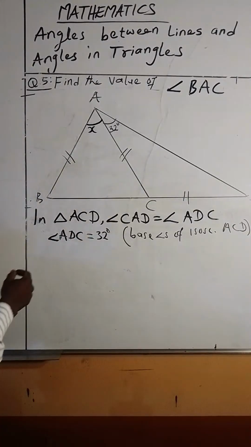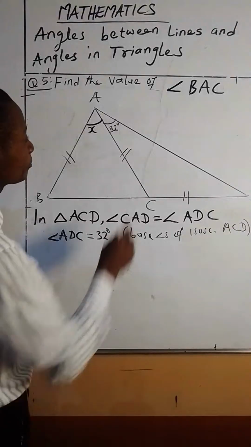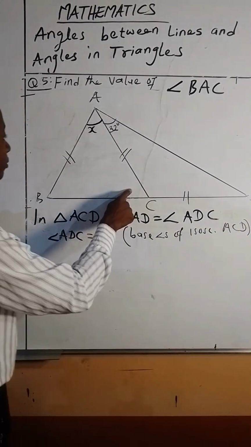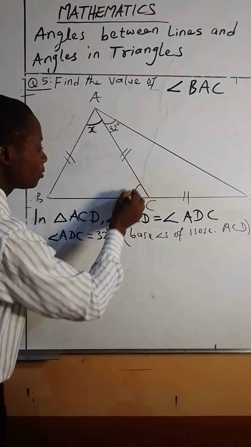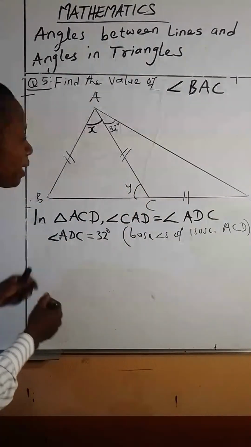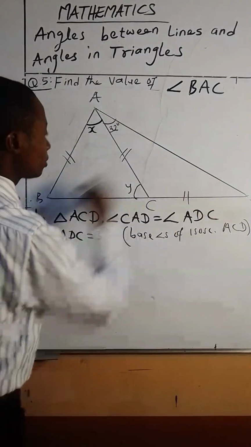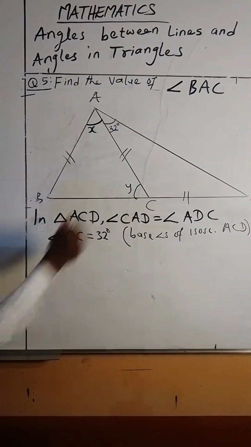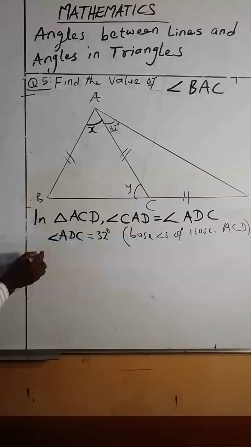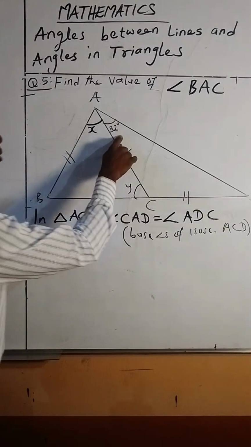Then how do we get the next one? To get this angle here, let's call this angle Y. Y is simply equal to this angle and this angle.